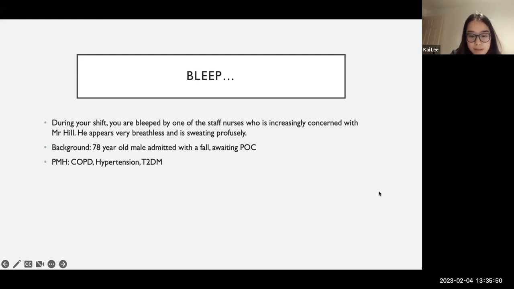So Mr. Hill is very tachycardic with a heart rate of 110, and his blood pressure is sitting at 96/50, which is slightly on the lower side. On assessment of his capillary refill time, it was 4 seconds, and on auscultation of his chest, there were no additional heart sounds, and you can hear S1 and S2 very clearly.